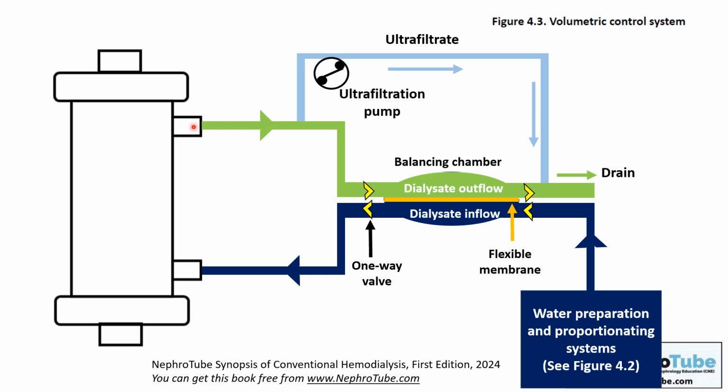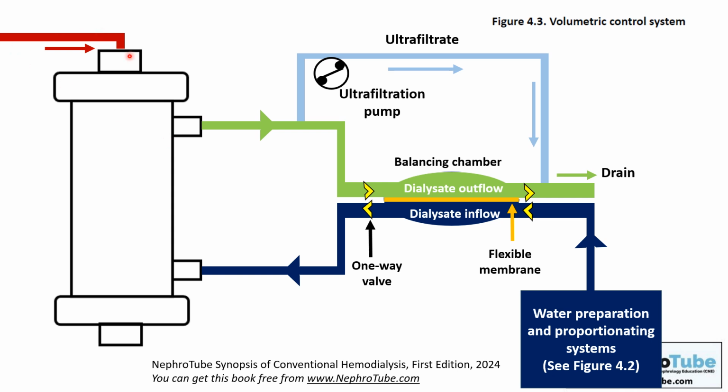So, coming out from the dialyzer, there is the amount of the dialysate and the amount of the water that is ultrafiltered. Here we will get out the water that is ultrafiltered, and here the dialysate will go through the dialyzer. And the balancing chamber will guarantee that the dialysate outflow is equal to the dialysate inflow. The question now, how does the ultrafiltration pump act?